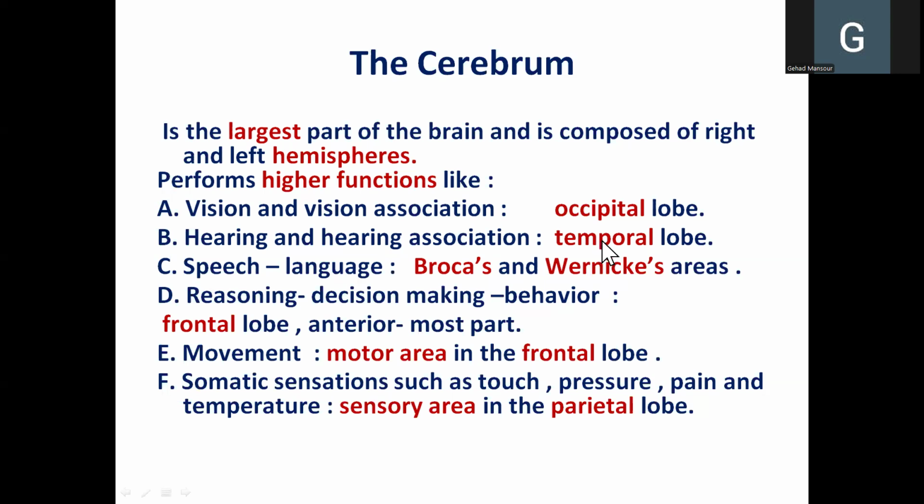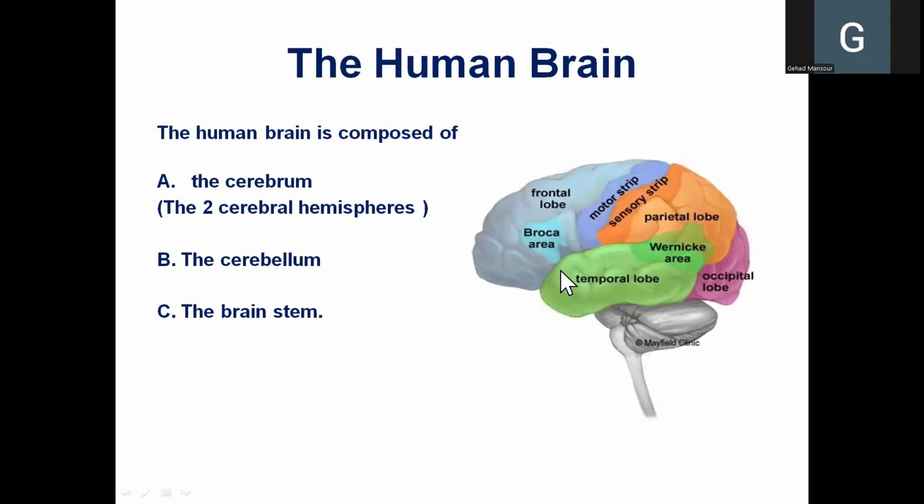In the temporal lobe, and in particular in the superior temporal gyrus, and most anteriorly, we have the auditory center, and behind it, we have the auditory association center.